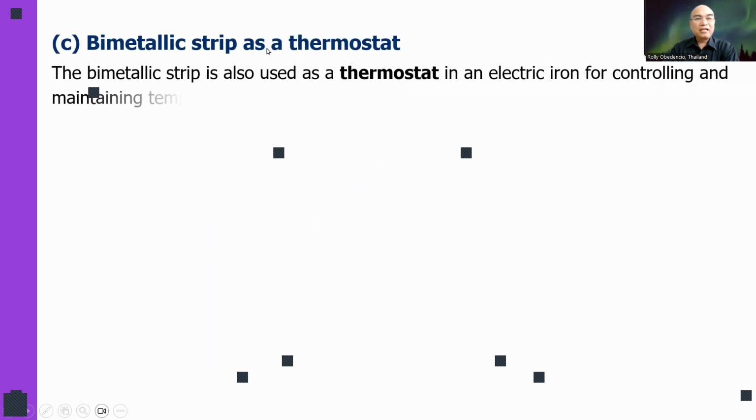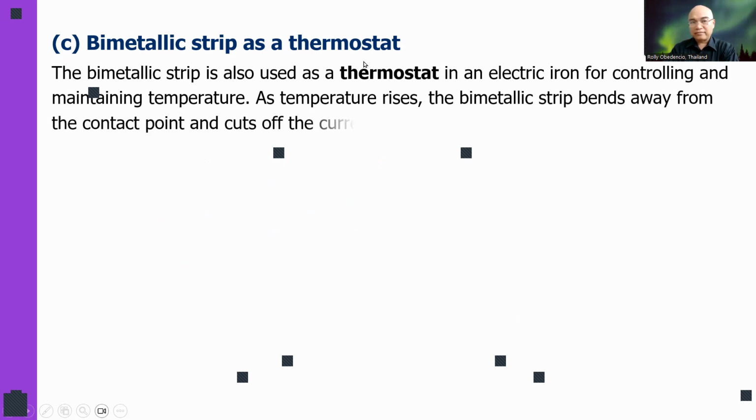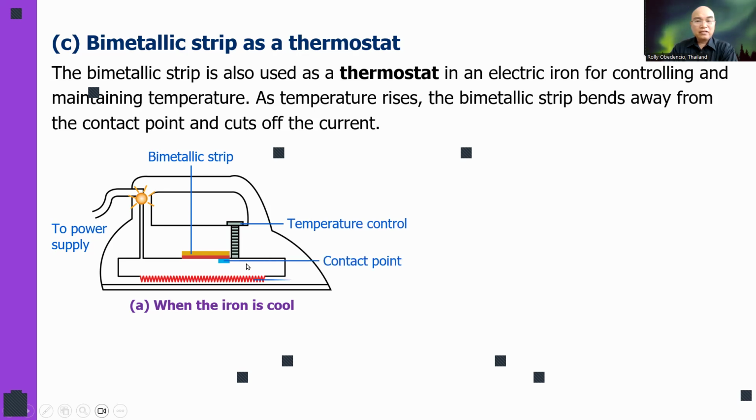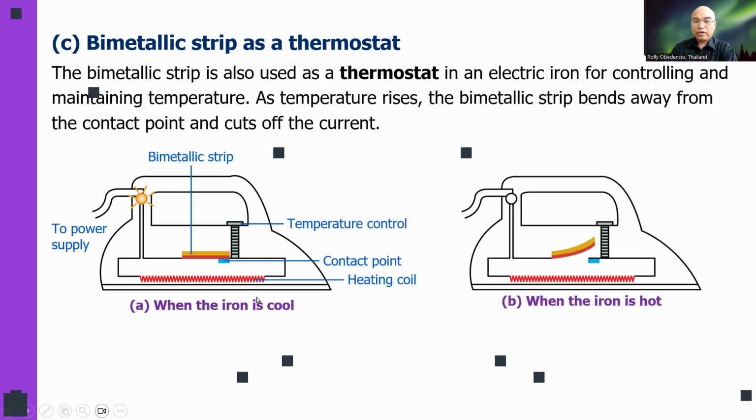What about the bimetallic strip as a thermostat? The bimetallic strip is also used as a thermostat in an electric iron for controlling and maintaining temperature. As temperature rises, the bimetallic strip bends away from the contact point and cuts off the current. So you see how it works.